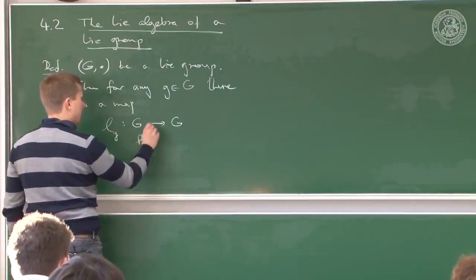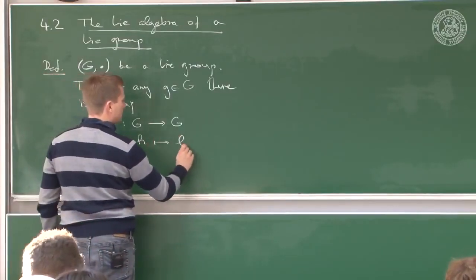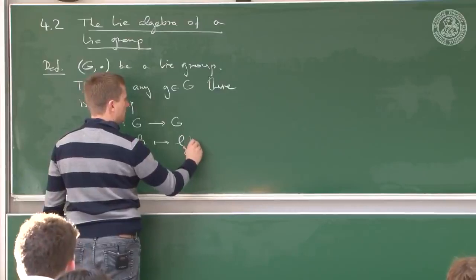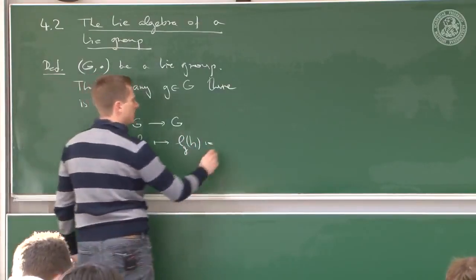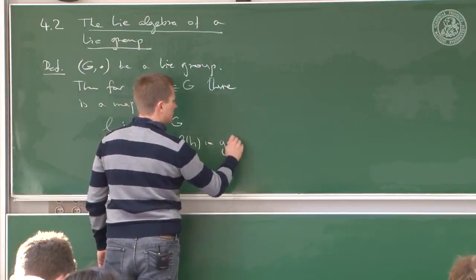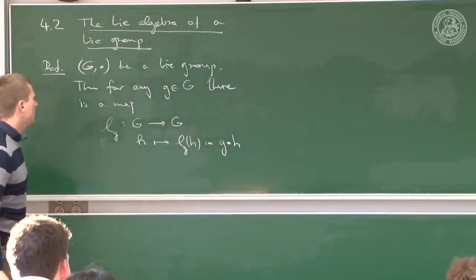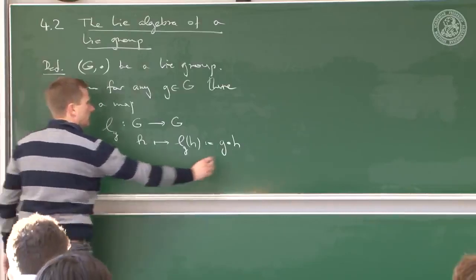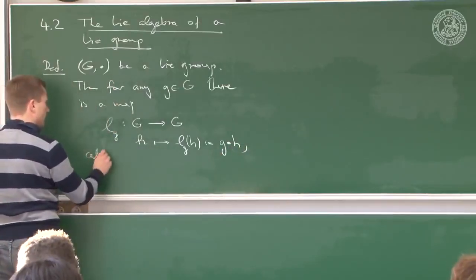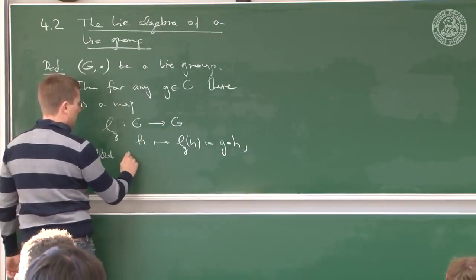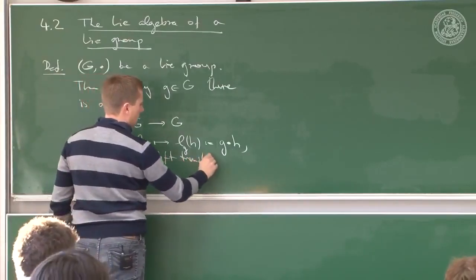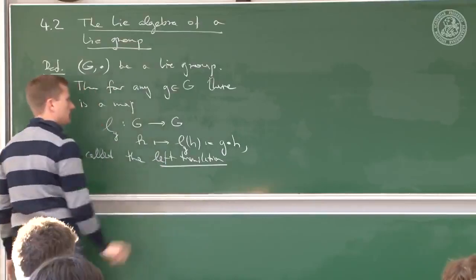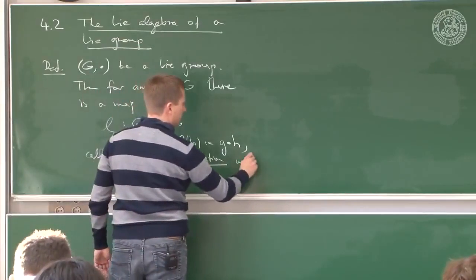And it takes an element h of the group, and it maps it to the element L sub g of h, and that very simply, and what else should it be, is g blob h. Then there is a map called the left translation with respect to g.